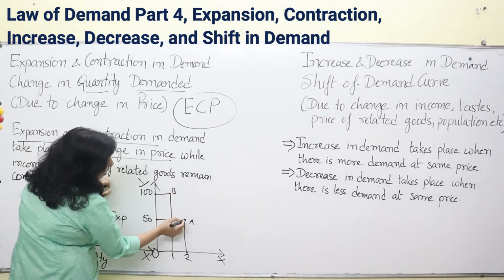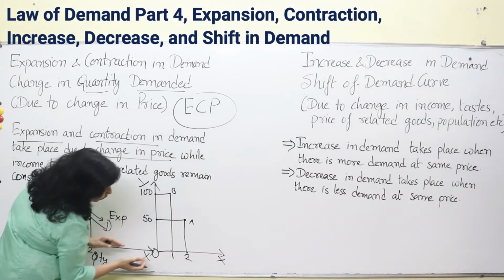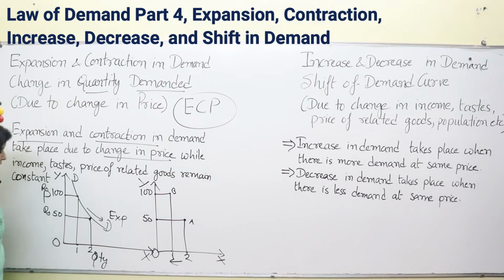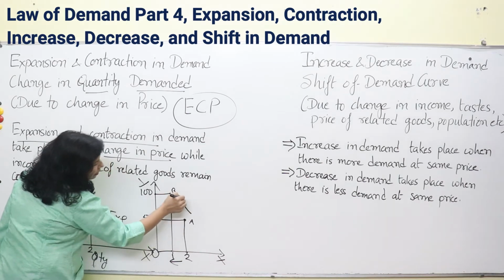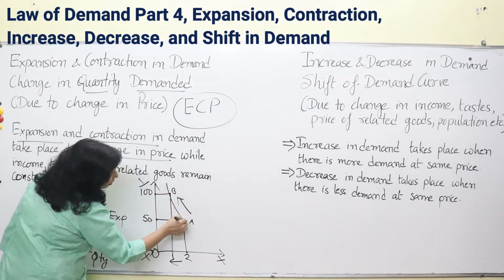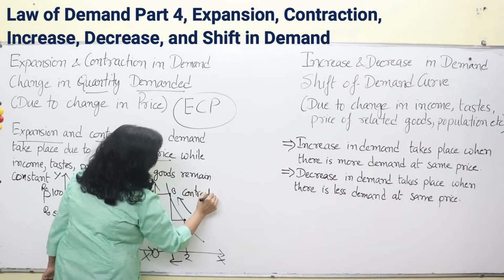Now what is happening? Our demand is moving leftwards from here to here, in the backward direction, and earlier it was moving in the forward direction. So here demand is moving this way. This is contraction. Understood?